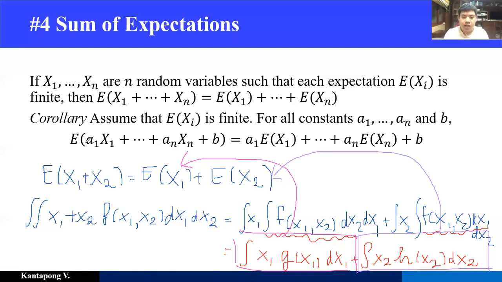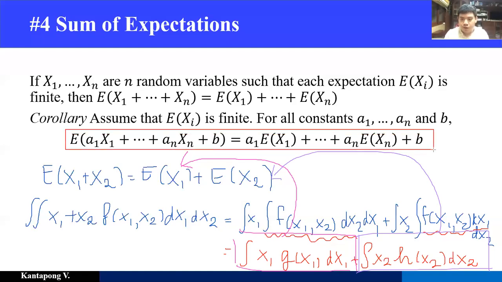And the corollary is very similar, okay? But one thing to notice here is that we do not require independence at all. Some people believe that x1 must be independent in order to take the sum of expectation or variance of anything.